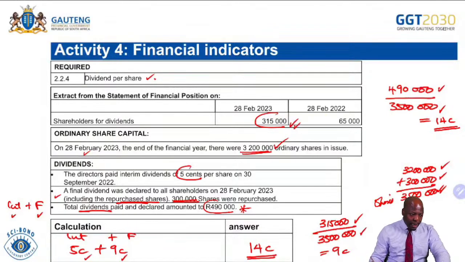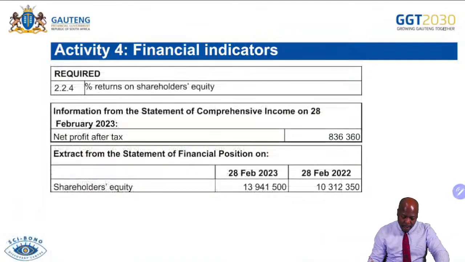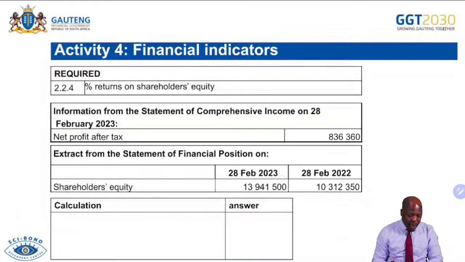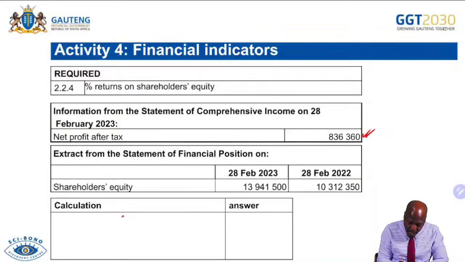Okay, so let's come here now. We are now calculating the next indicator, which is the percentage return on shareholders' equity. All right. So once we are talking about return, we know we are talking about the net profit after tax. So I'm going to have my net profit after tax, which is 836,360.